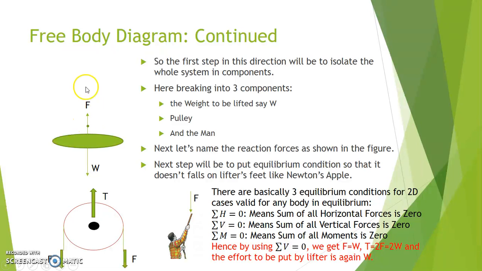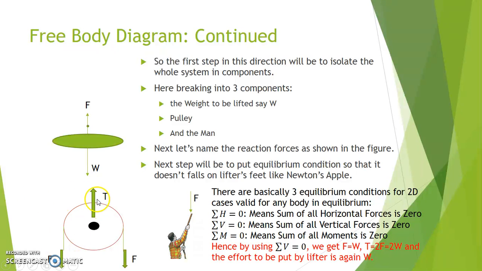Since it is a string, the complete string extending till the pulley, the force in the whole string, meaning the tension in the whole string, will remain the same. So this is the pulley, which is our next component, and since the string is circulating over the whole pulley, the tension force remains the same, equal to F. And as I already told you, you have to hang your pulley through some rod so that the pulley itself doesn't fall.